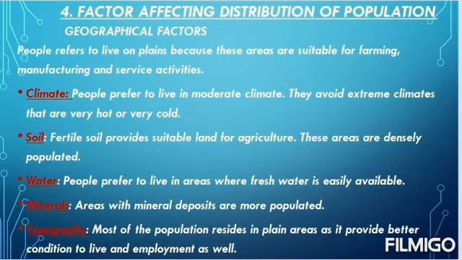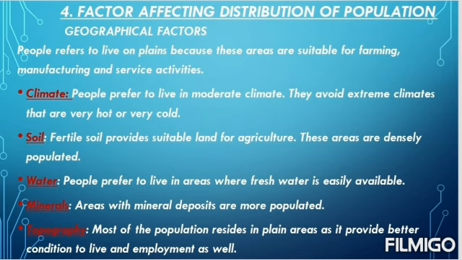The next topic is what are the main factors affecting distribution of population. The first one is geographical factors. It includes climate, soil, water, minerals and topography.